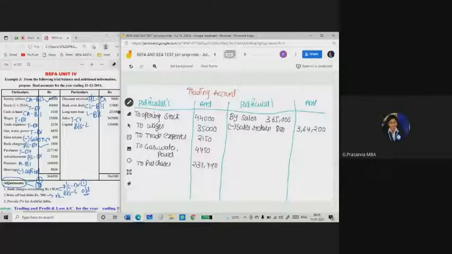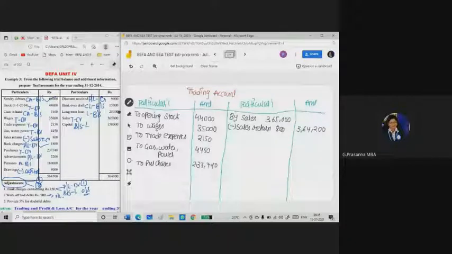Okay, calculate the debit total. You need to do the calculation part. Don't sit like that. 44,000 plus 35,000 plus 2150 plus 4450 plus 2,37,740. So here we are getting.